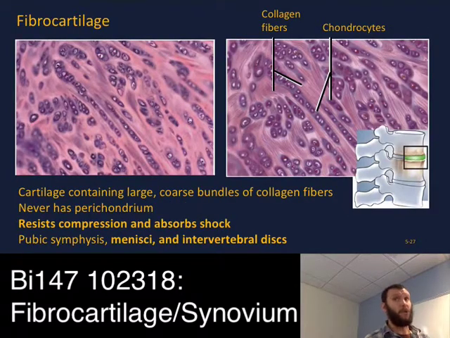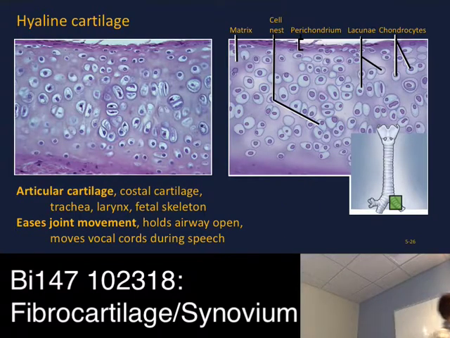There's a matrix in both, yeah. So here, all of this purple stuff, this is matrix. The white circles are lacunae, which means just empty holes. It's like a sponge, empty holes. And then the dark circles are the actual cells, the chondrocytes.